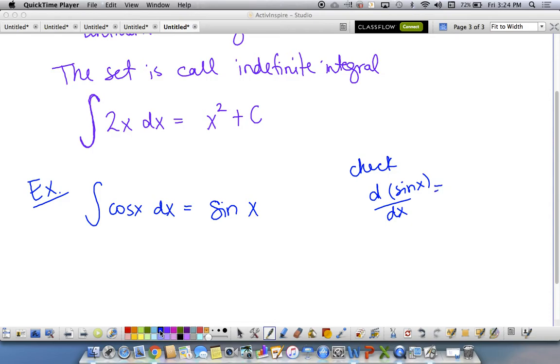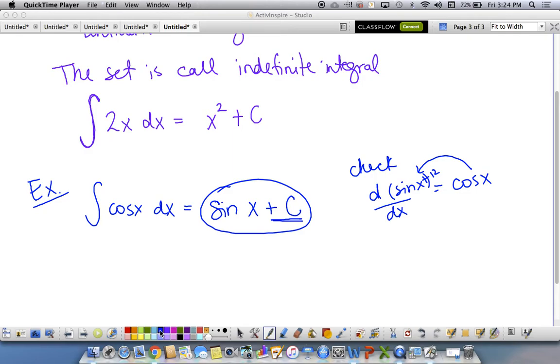The derivative of sine x is cosine x. That works, so going backwards, it would work. Now, what did I forget? Could there be a constant out there with sine, like a plus 12? Yes, there could be. So we always have to put this plus c, that constant of integration. So we've guessed, we've checked, we're correct.